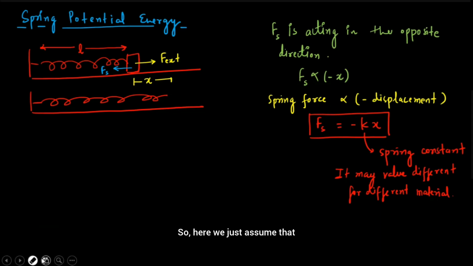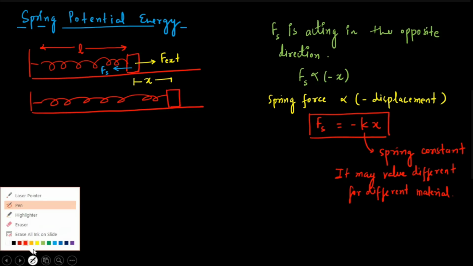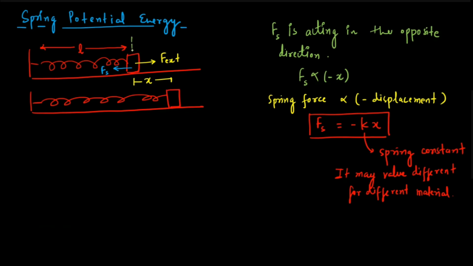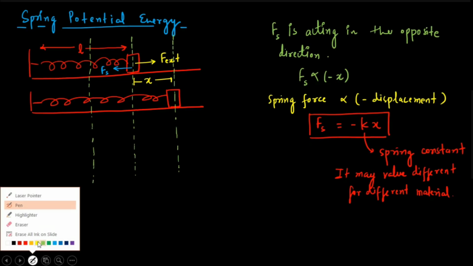Here we just assume that the moment it does some displacement x from its initial position, which can also be referred to as the mean position, we are able to displace it to one of the ends.